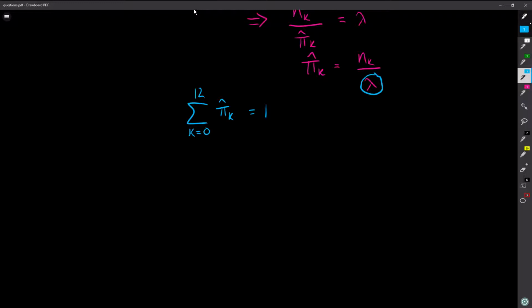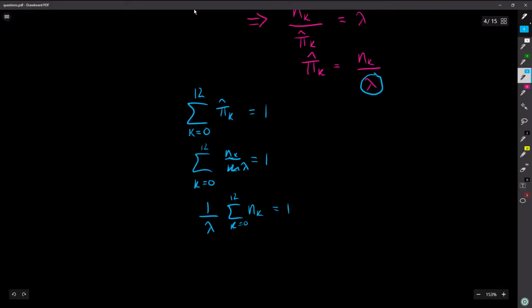And so if we just plug in our estimates here, then we would get the summation from k equals 0 to 12 of nk over lambda equals 1. Sorry, that should not be a 12, that should be a lambda. And so we can write this as 1 over lambda times the summation of k equals 0 to 12 of nk equals 1, which is the same thing as saying that lambda is equal to the sum from k equals 0 to 12 of nk.